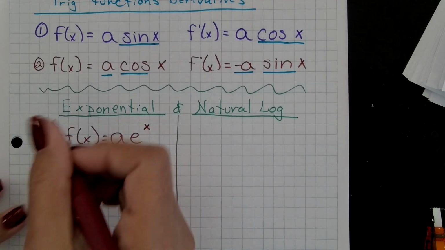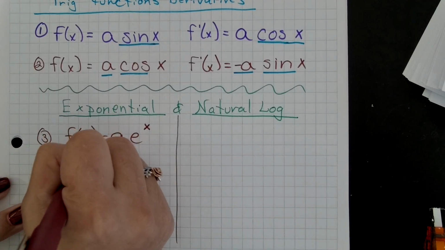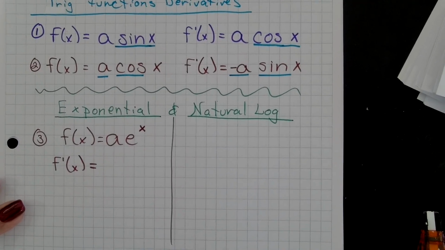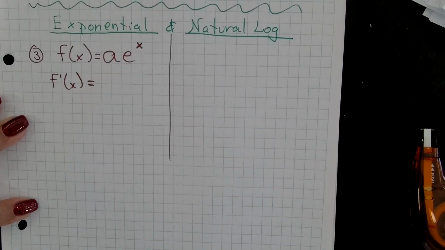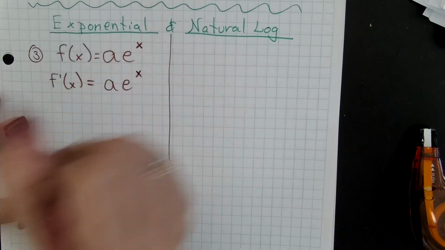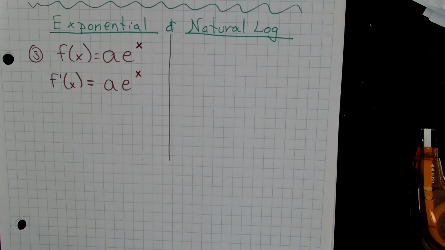Because this is the easiest derivative next to the constant rule. Nothing changes. It stays the same. Nothing.